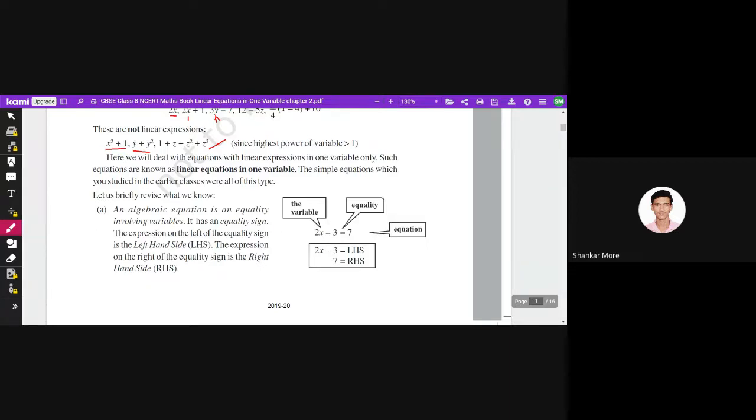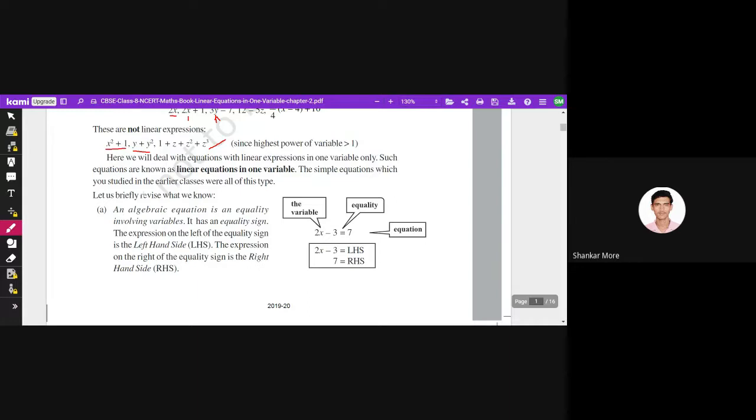But we are not going to deal with them in this chapter. We are going to deal only with equations with linear expressions, and they should be in one variable only. Such equations are called linear equations in one variable.